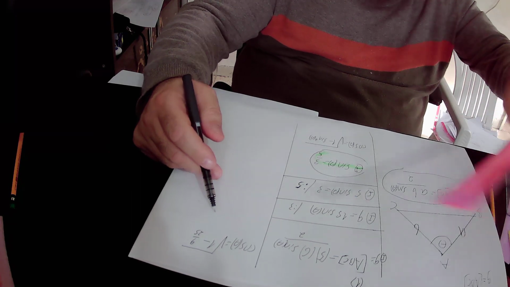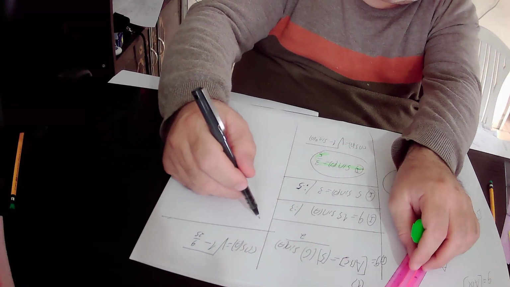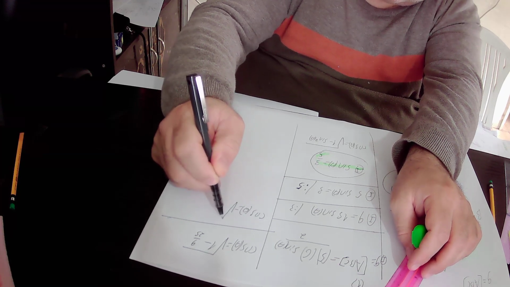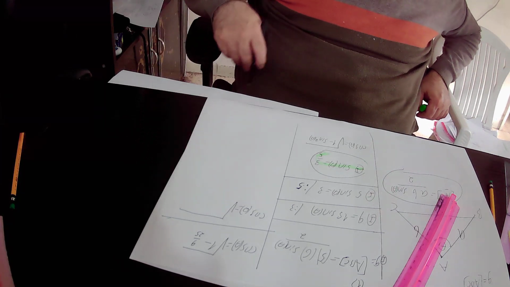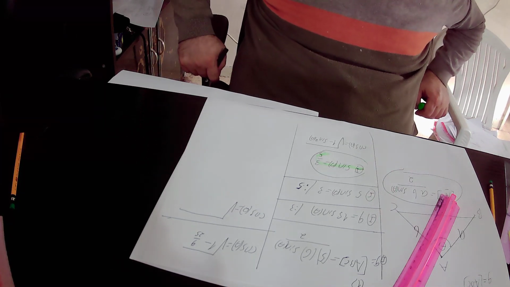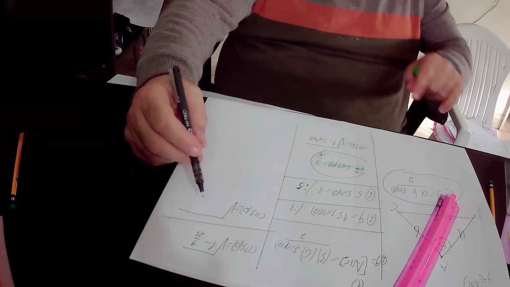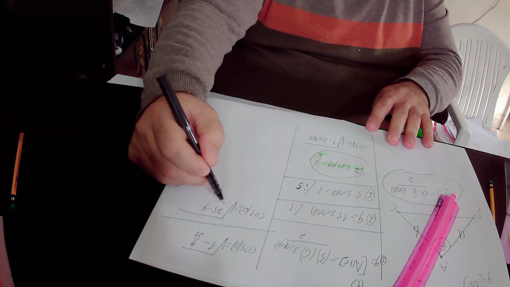So cosine theta equals the square root of, here we'll multiply 1 by 25 and then divide it by 25 in order to have a common factor with this expression. So it is 25 minus 9 over 25.